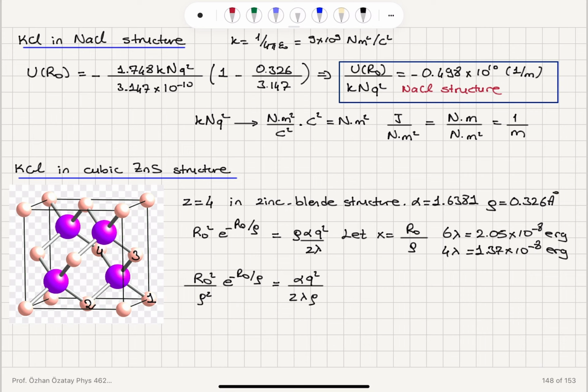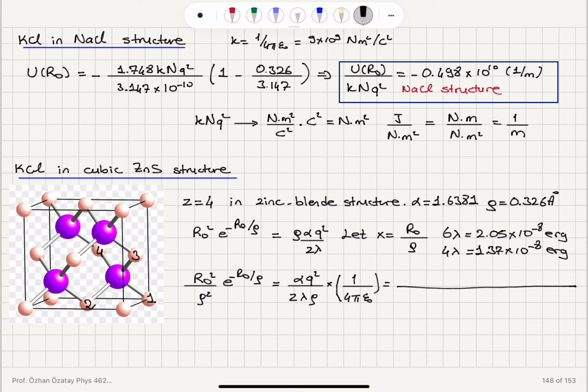So I have taken this equation and divided it by rho square, multiplied by 1 over 4 pi epsilon 0 to convert to SI units.